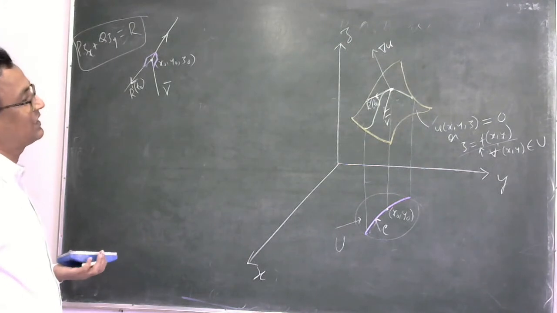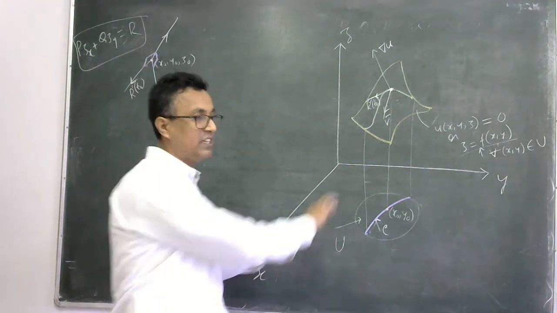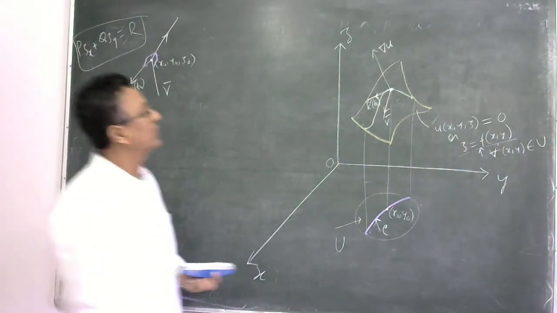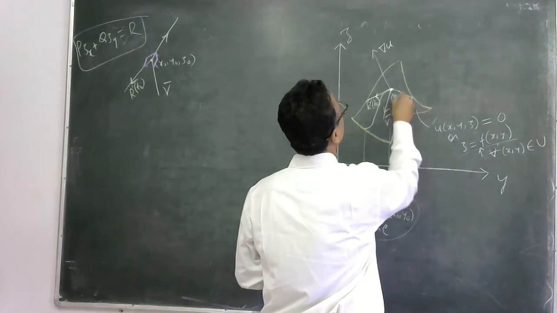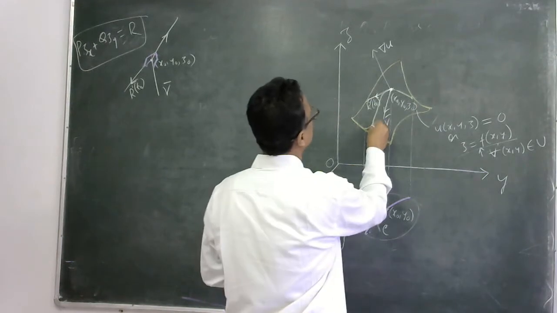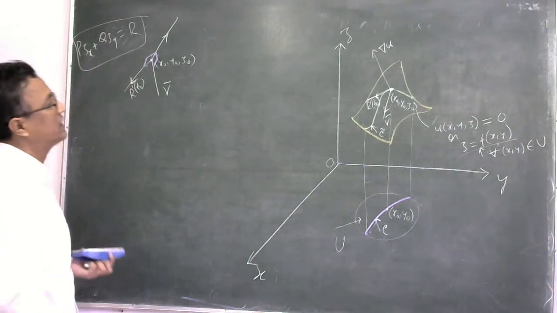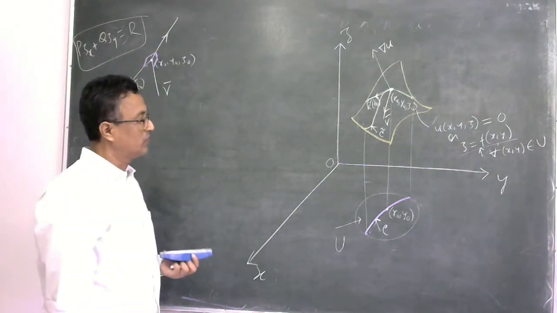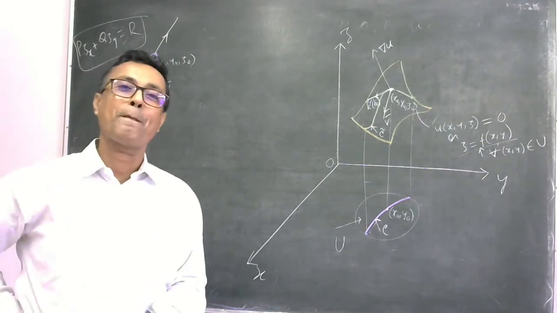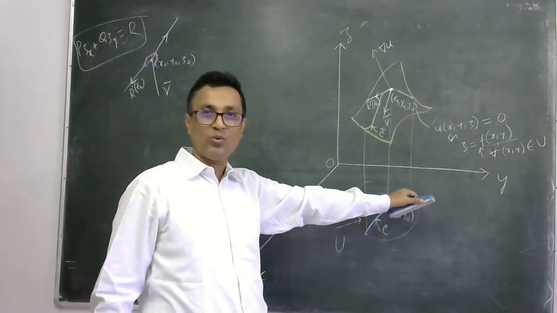Fine. If you want to ask me some question, you can ask me. So this point I can write as x naught, y naught, z naught. This curve is C tilde. It is fine with everybody because I am going to ask you a question now. The figure you have understood relating to this theorem?